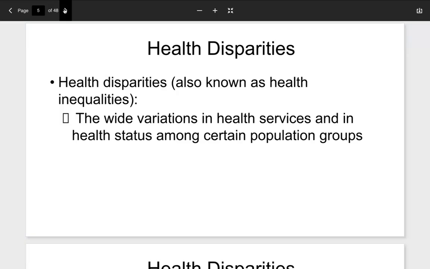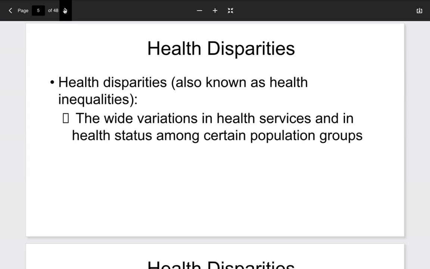They can show up as variations in access to care and even the quality of care. And usually there are socioeconomic factors that influence these health disparities. So it could be your race, your ethnicity, your gender, your disability, your geographic location. All of this and more can contribute to health disparities.